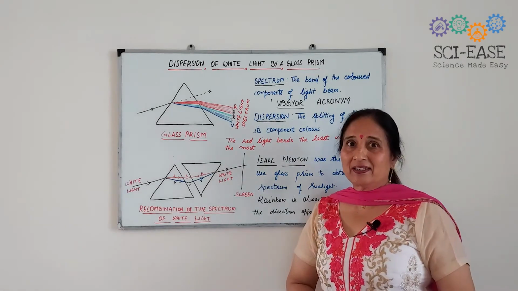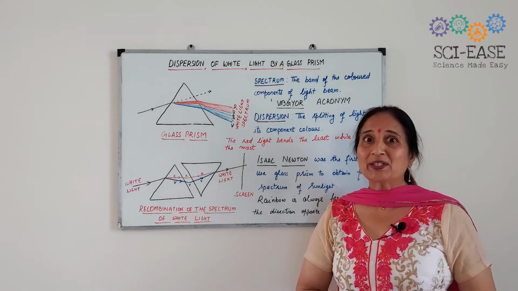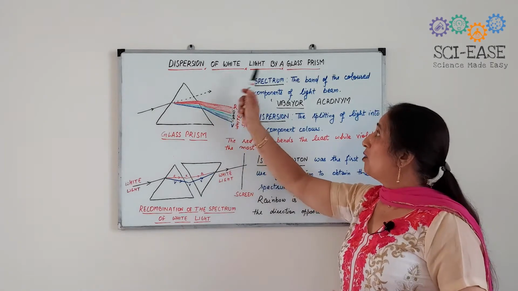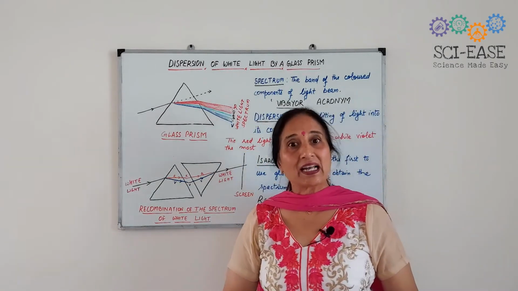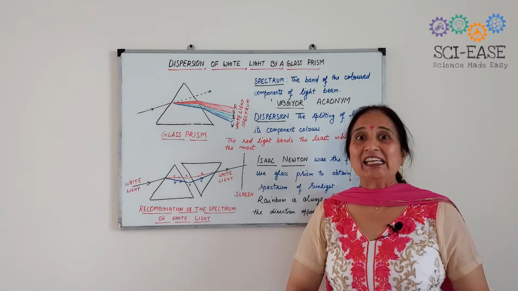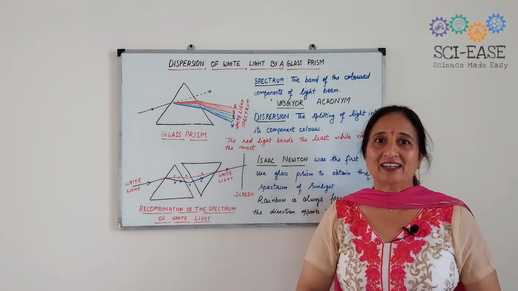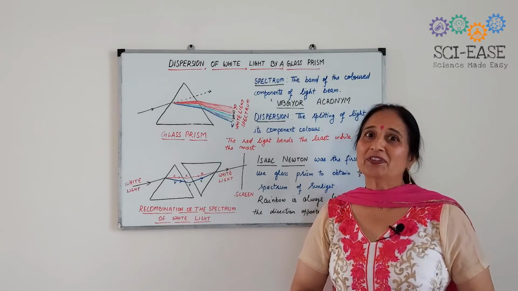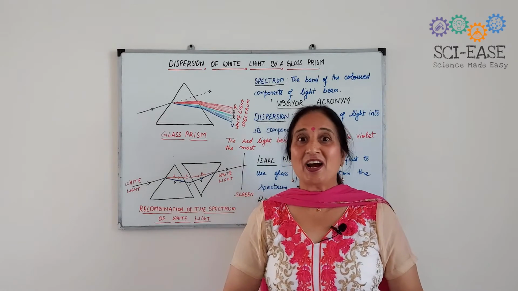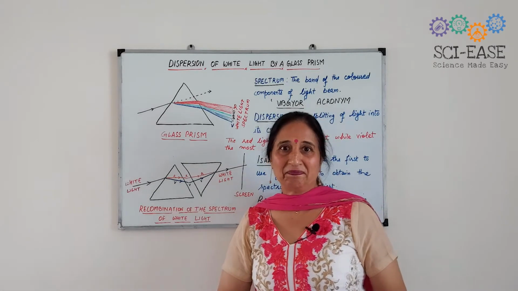The topic that I'm going to explain is the dispersion of white light by a glass prism. You must have seen and appreciated the different colors of the rainbow formed in the sky after a rain shower.